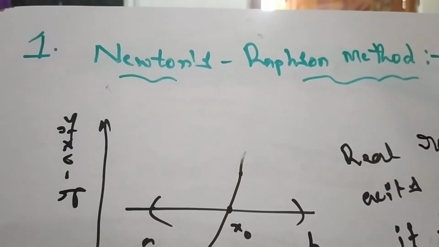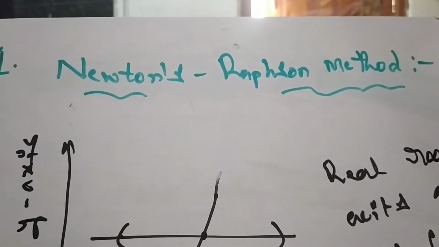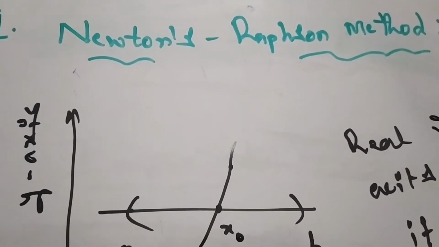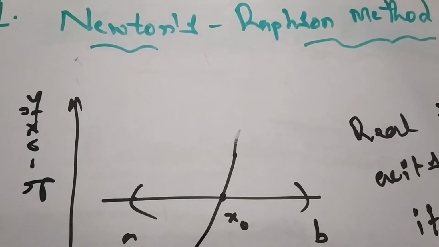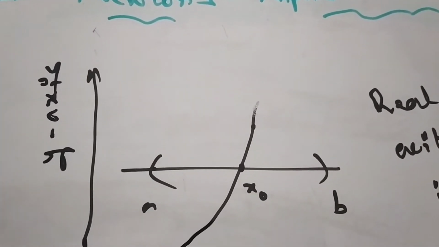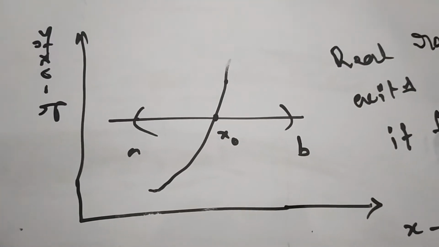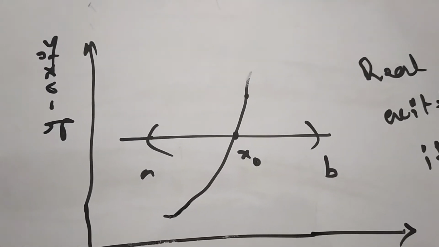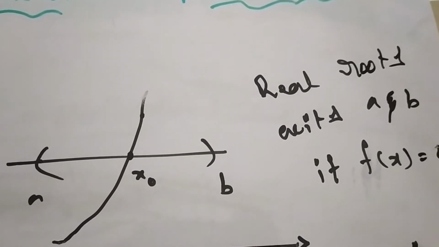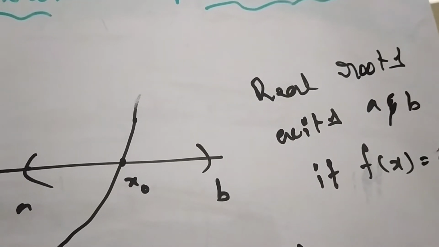In numerical methods, the first topic is the Newton-Raphson method. It is a very easy topic. Mostly you will get questions here. This is the x-axis, this is the y-axis. Real roots exist between a and b if f of x equals 0.